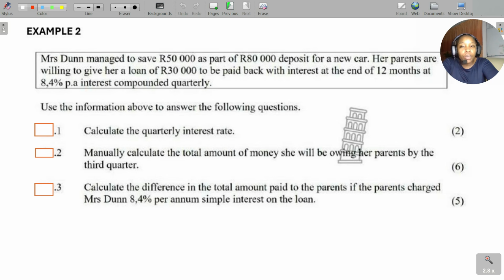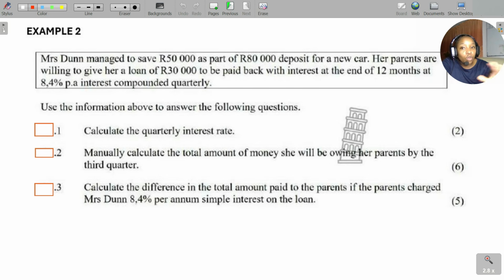So here we can already see that we're given a situation where we have to calculate the interest that will be charged on a loan that Mrs. Dunn took with her parents, using a compound interest rate of 8.4% per annum compounded quarterly.